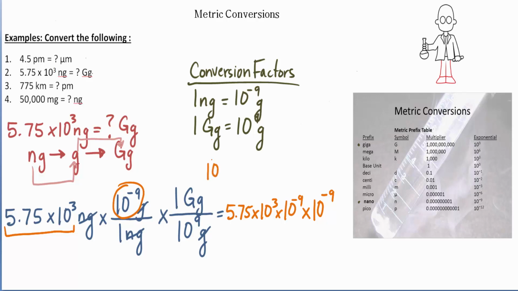So the answer to that problem would be 5.75 times, I have a base of 10, 10, and 10. So minus 9 plus minus 9 is minus 18 plus a positive 3 would give us a minus 15.